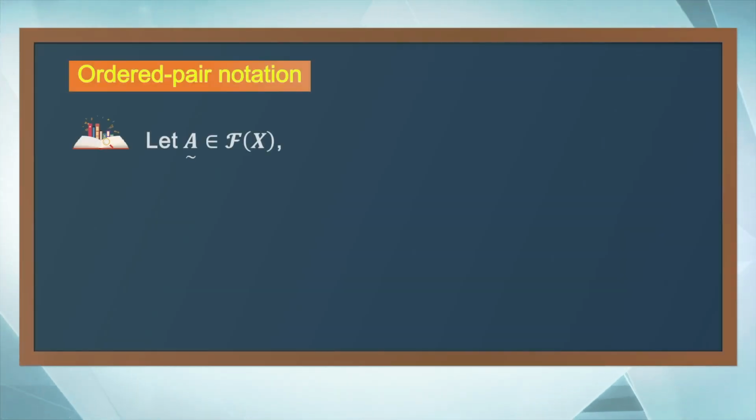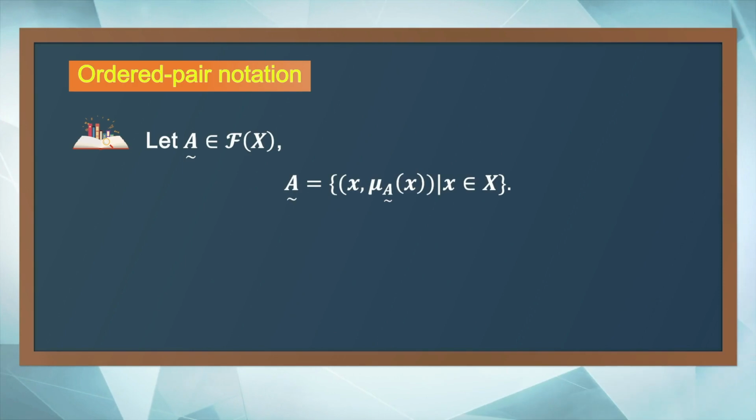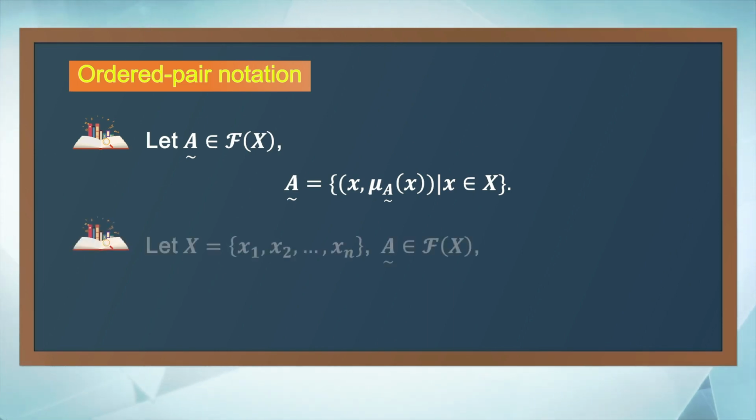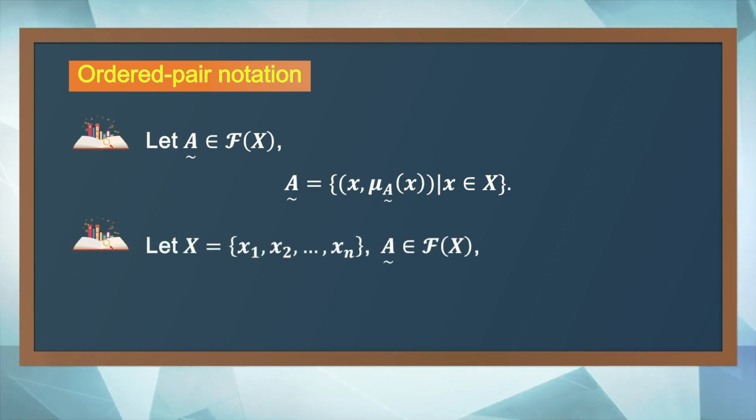Next, ordered pair notation. Let X be the universal set. Let A be a fuzzy set in X. The fuzzy set A can be expressed by the collection of ordered pairs, where the first part of the pair is element x from the universal set, and the second part of the pair is the degree of membership of x. If the universal set X is finite, then the fuzzy set A can be written as follows.